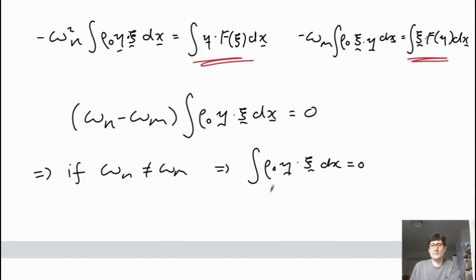And so if rho naught is a constant, then these modes are orthogonal. The other way that this can occur, of course, is if they're degenerate. So if omega n is equal to omega m, then these modes can couple together.